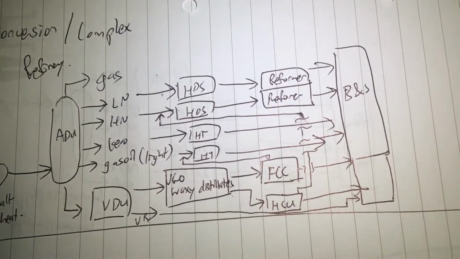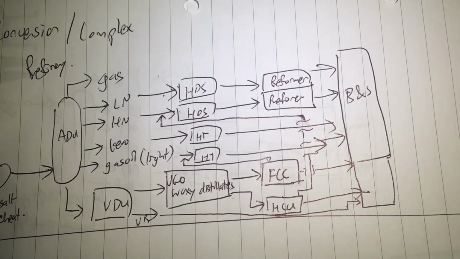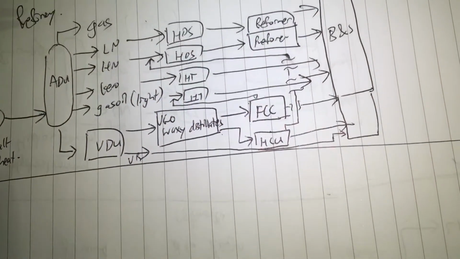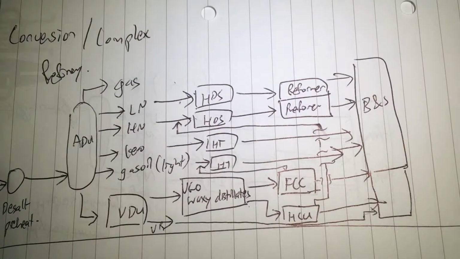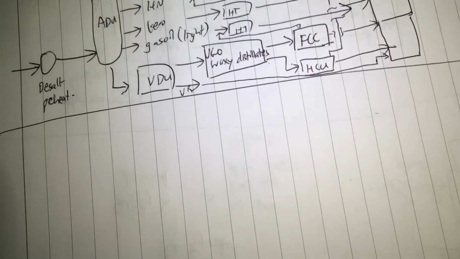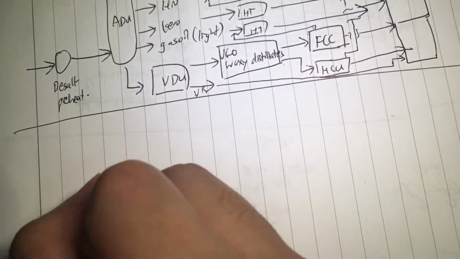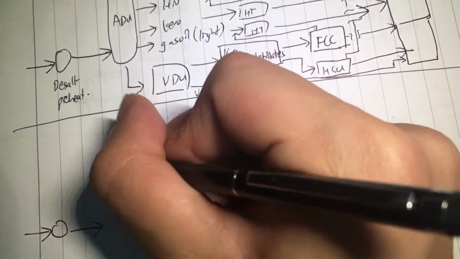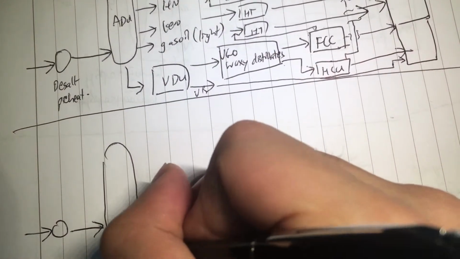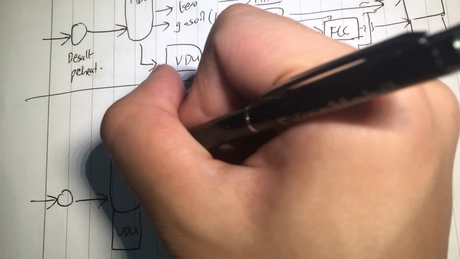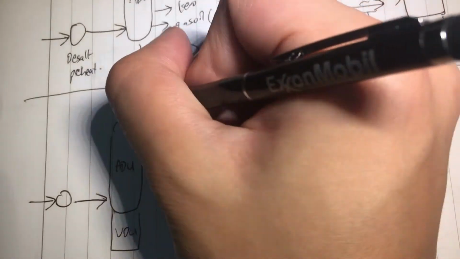Alright. So this is a conversion refinery, or some people call it a complex refinery. Now let's talk about the most complex kind. So we have our atmospheric tower and the vacuum tower. Vacuum distillation unit, atmospheric distillation unit.